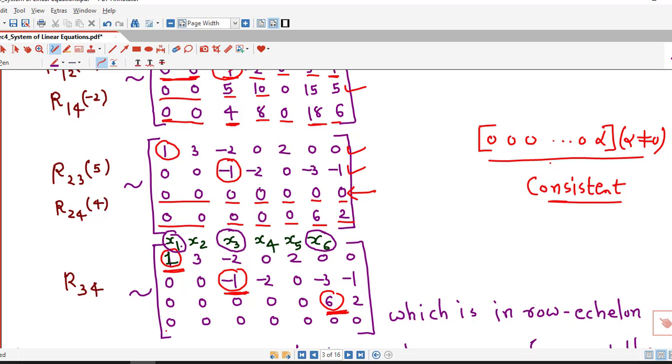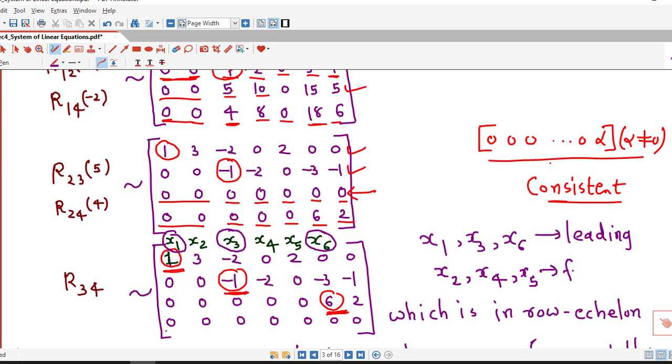So out of these 6 variables, x1, x3, x6 are leading variables, and x2, x4 and x5 are free variables. So we have free variables in the system. Therefore, the given system has an infinite number of solutions.